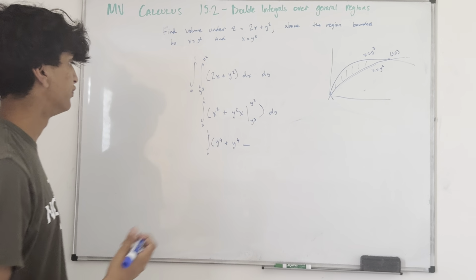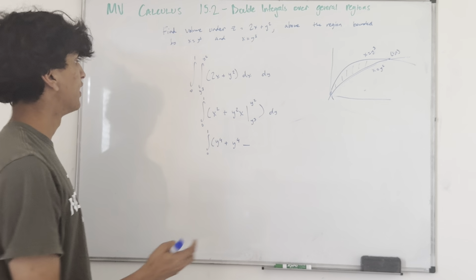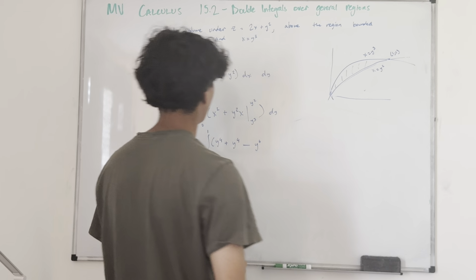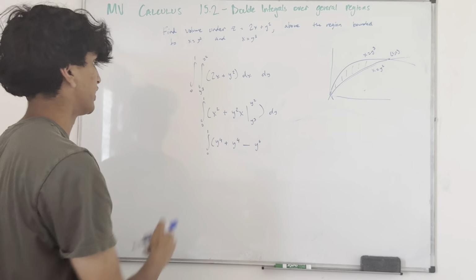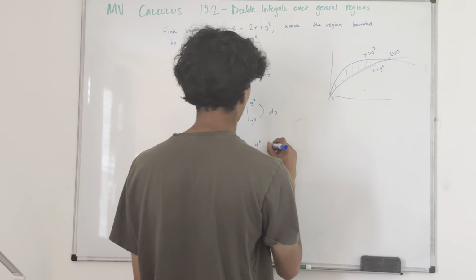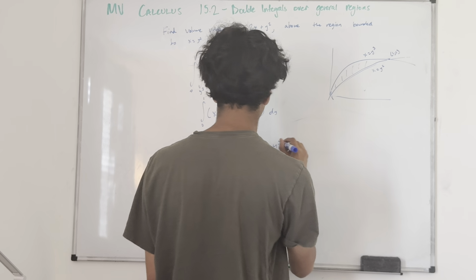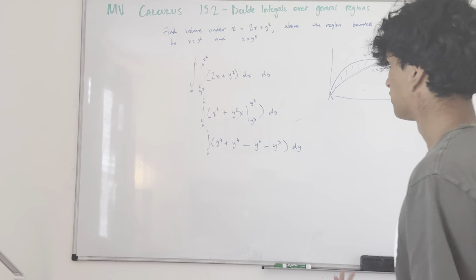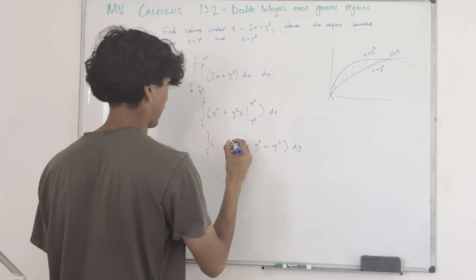Minus, because of FTC, the fundamental theorem of calculus, I put the y cubed in here, I get y to the 6th. And if I do y squared times y cubed, I get y to the 5th. That makes sense. All right, and times dy. So this is really the same thing as 2y to the 4th.